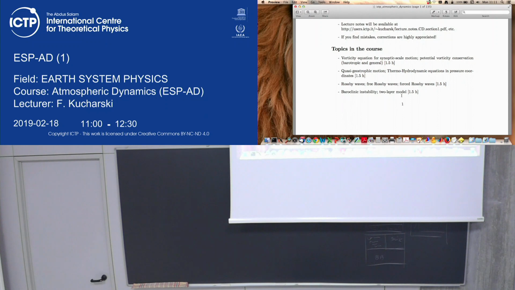And many of the global climate models that are used, or even weather forecasting models, are posed in this pressure coordinate system, or small modifications of it. So it's a very useful system, and we want to derive this in this lecture course too.